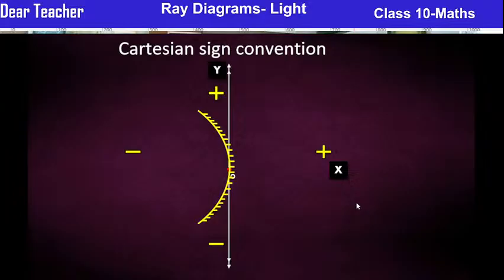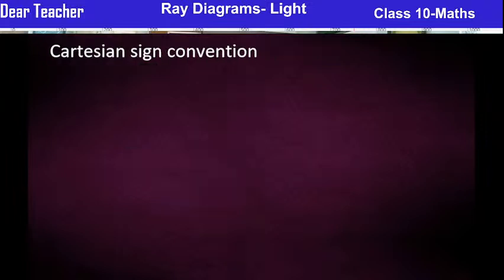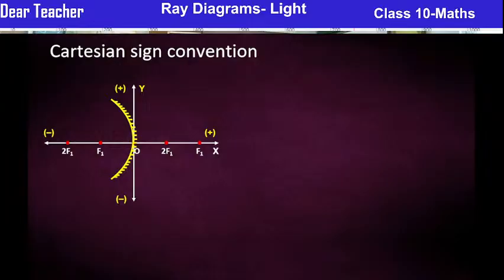Now for example, this is the concave mirror. Behind the mirror are F2 and 2F2, and in front of the mirror are F1 and 2F1. The focal length of the concave mirror is always negative because it is on the left side of P. So the focal length is always negative.